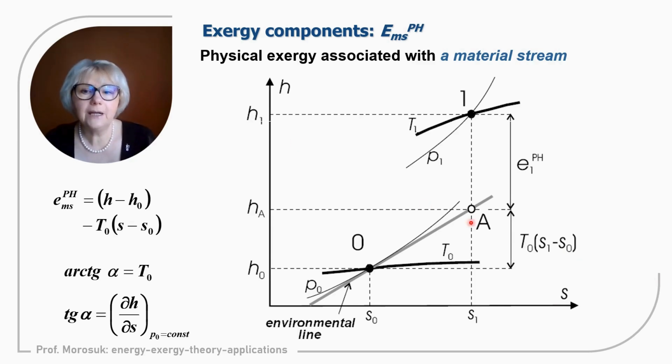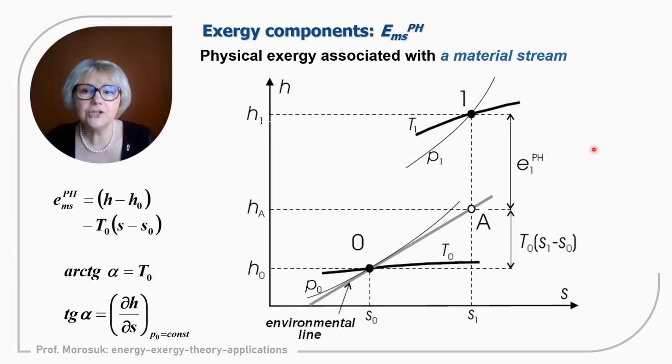This diagram was very popular in that period because it is the combination of the first law of thermodynamics, energy balance, and the second law of thermodynamics, entropy balance, with the possibility to demonstrate entropy generation as irreversibility within the process. And since physical exergy involves the difference in enthalpy and the difference in entropy, the first demonstration of physical exergy was exactly using these diagrams. So these diagrams exist for different working fluids, and how do people deal with this diagram?